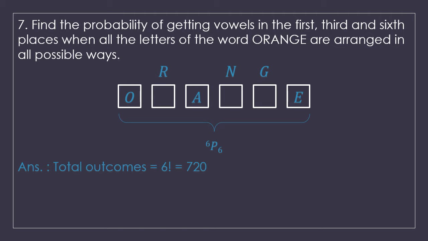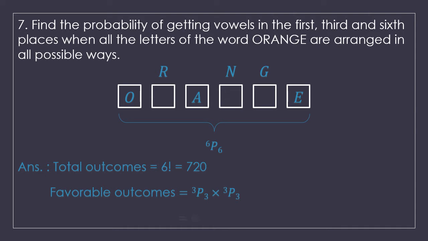So 3 vowels in the 3 places will make it 3P3. Now you can see the remaining characters R, N and G, and they also have their own 3 places. So once again 3 characters in the 3 places will be 3P3. So for the vowels 3P3 multiplied by, for the remaining characters, 3P3 will be our favorable outcomes.